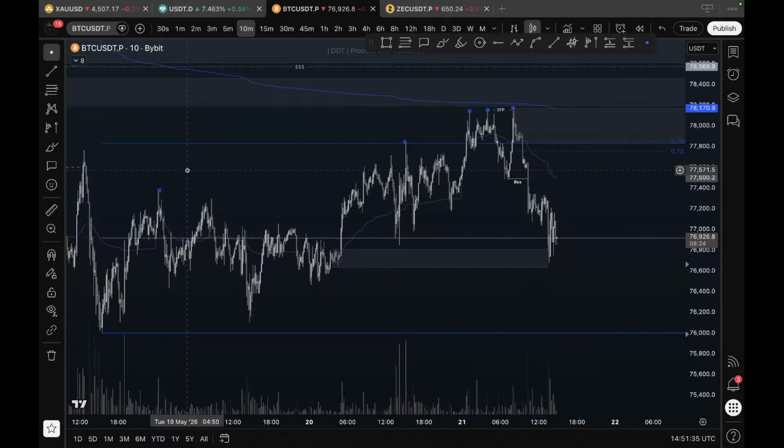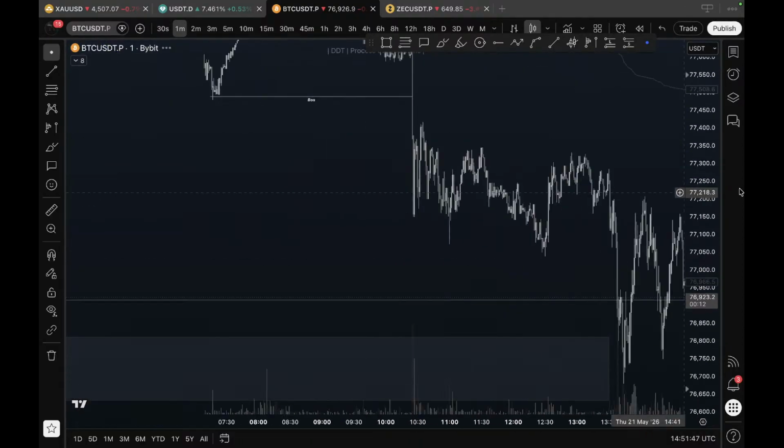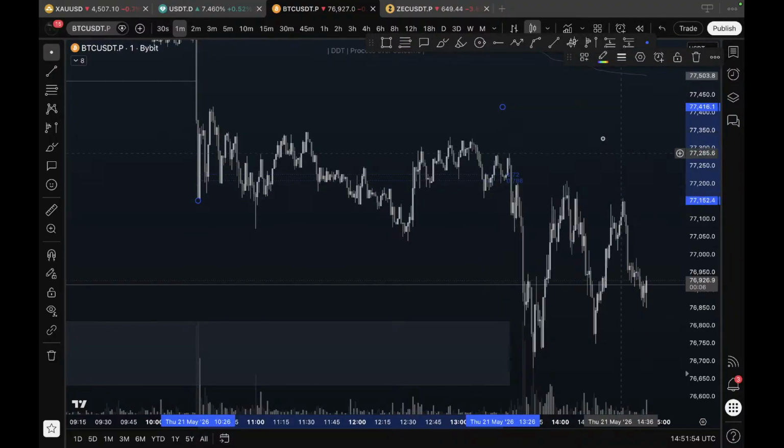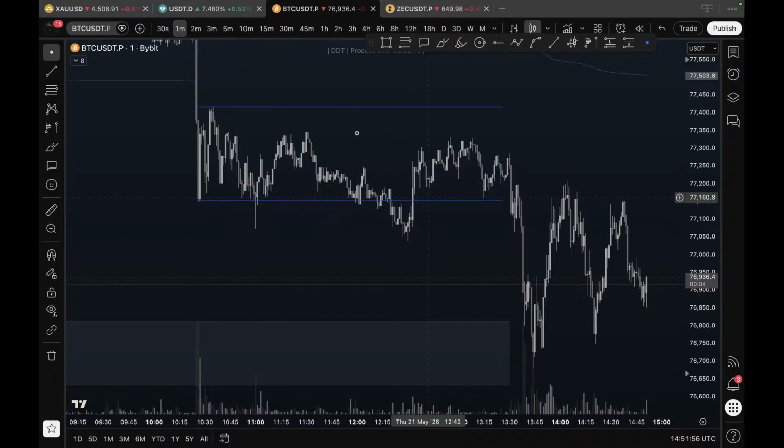When in doubt, zoom out. That's a fact, indeed. It's also with a very small range, which we had here. If you're super zoomed in, it can look like a solid range. So then you have the 1, 2, 3, okay, return to zone. And then you can feel very tempted to take a trade.